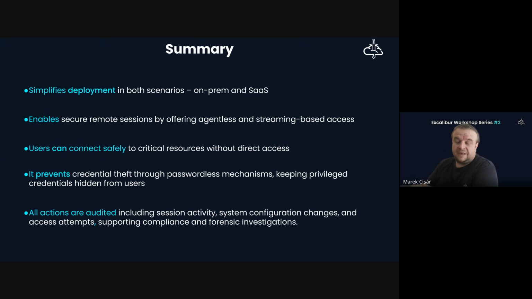The tunneling client and its SSH and RDP proxy functionality simplifies the deployment quite a lot, because in the software as a service variant, you don't need many different application components, many different virtual machines, or maybe even physical machines. Everything is secured, so there is a secure, encrypted connection between the local environment and the cloud environment.